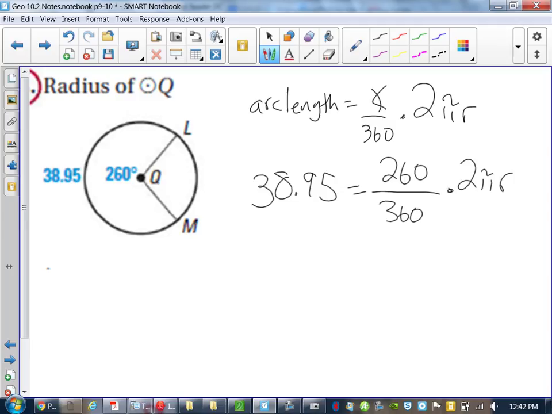Now, if I do it the same calculator-based way that I did the last one, what I would do in my calculator is just type in 260 over 360 times 2 pi. I type that into my calculator first.